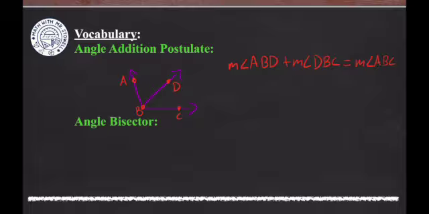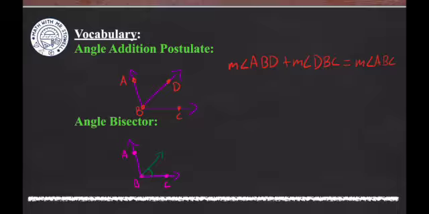Angle bisector. The angle bisector is whenever you have just a regular angle. Let's call this angle ABC. An angle bisector is whenever it cuts that angle into two equal parts. Remember, a segment bisector cuts a segment in half. The angle bisector cuts the angle in half.